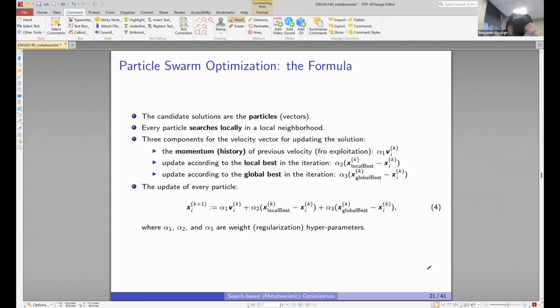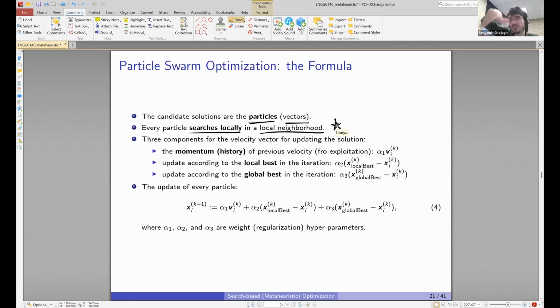Okay. So in PSO, the candidate solutions are called particles, which are the vectors, right? And every particle searches locally in a local neighborhood. So here is a slight difference between PSO and genetic algorithm. In genetic algorithm, exploitation can be done only in the case that when the child of a parent is close to it, then we'll have some exploitation, but we don't have any local search.